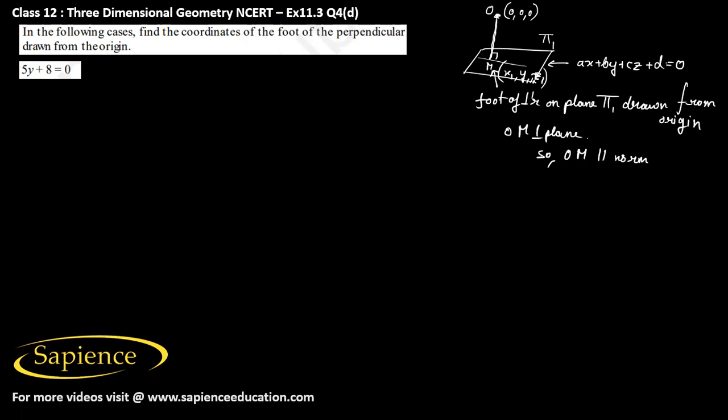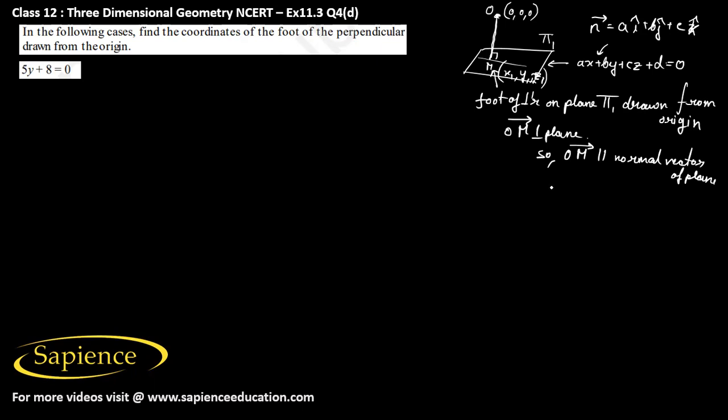So now the normal vector n of this plane will obviously be a i cap plus b j cap plus c k cap.